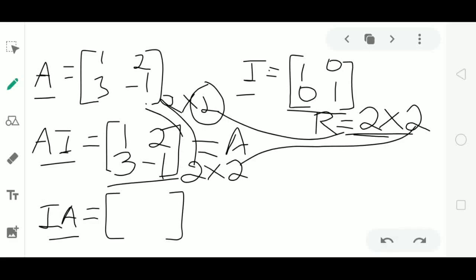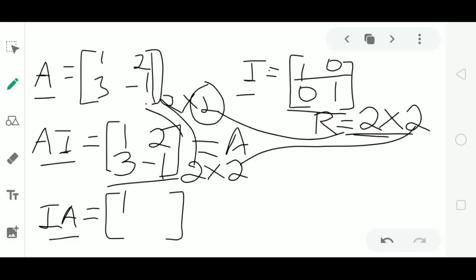So to find the elements of this matrix, we multiply rows of I with columns of A. For the first element, consider first row of I and first column of A. 1 into 1 is 1, 0 into 3 is 0, 1 plus 0 is 1.